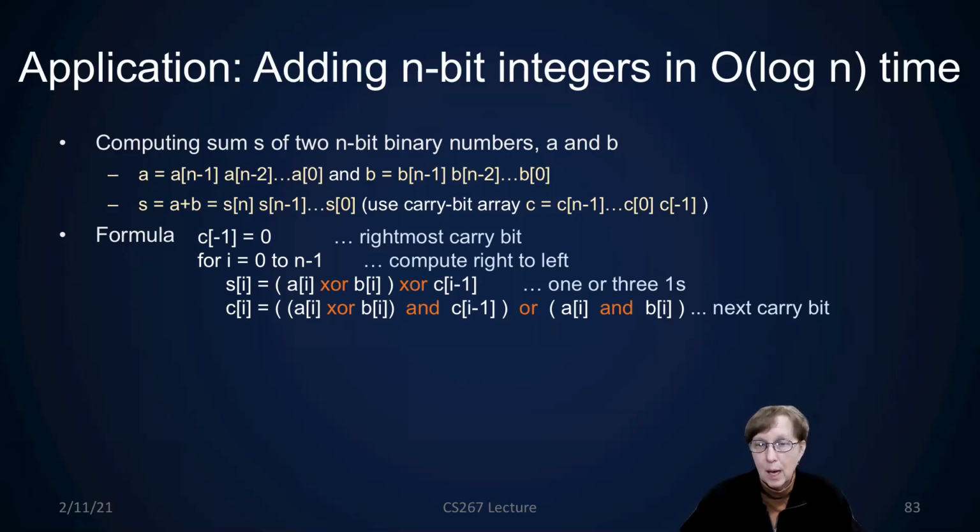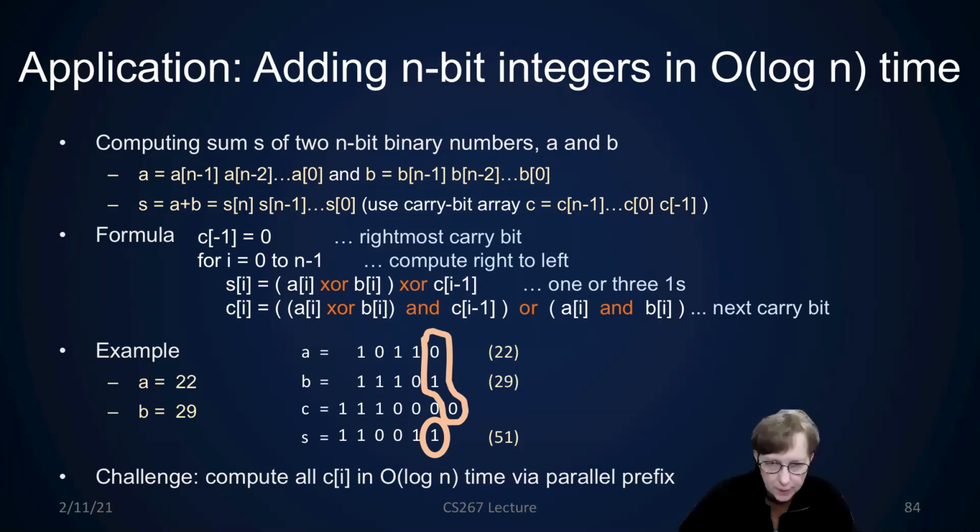You're going to end up with an odd result, and depending on whether it was 1 or 3, your carry bit is also going to be 1 that gets passed along. But the point is that the sum bit just depends on whether you've got 1 or 3, and if it's 0 or 2, then it's going to be a 0 as the output. And this other formula for the carry bit then tells you whether or not that carry bit is going to end up being a 1 or a 0.